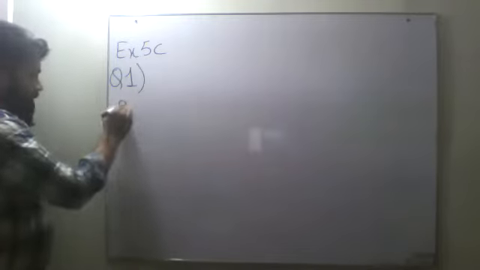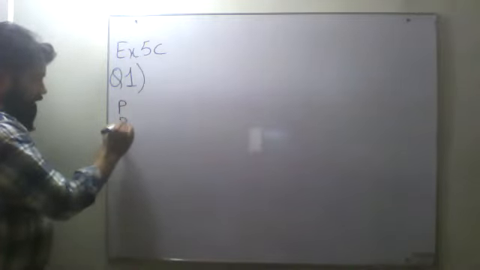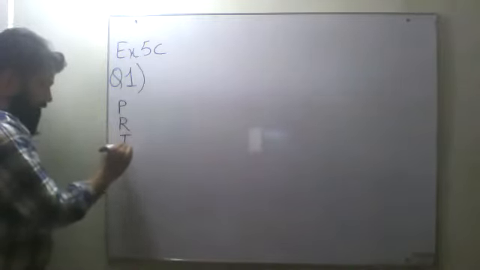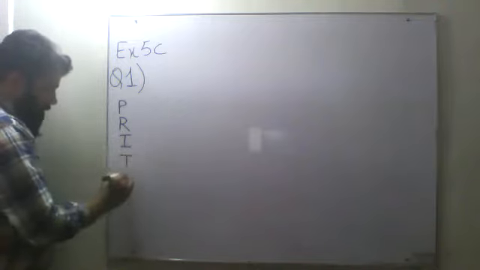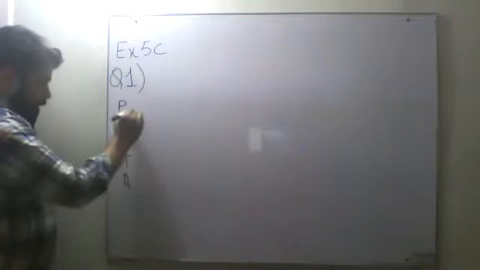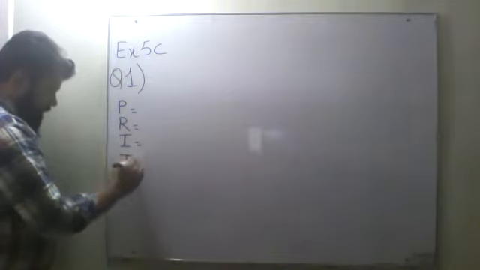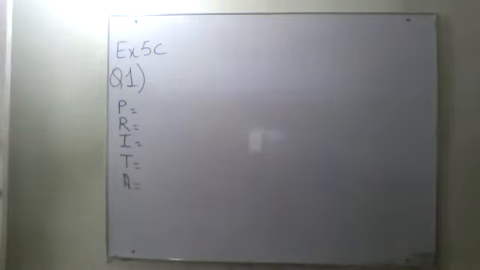Okay. So principal, rate, interest, time, amount. All five things are included in this question.